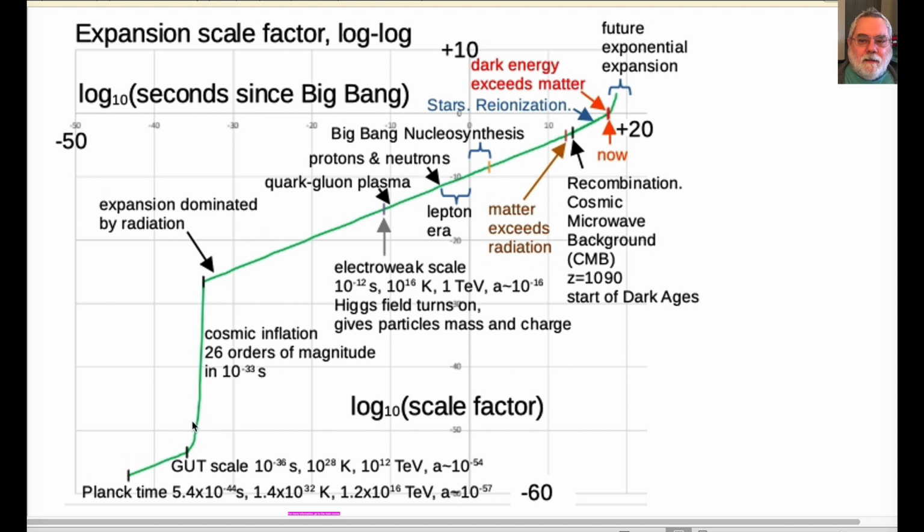There may have been magnetic monopoles in the universe before inflation, here, but their number density was diluted by the cosmic inflation, and it is assumed that there are none within our present observable universe.